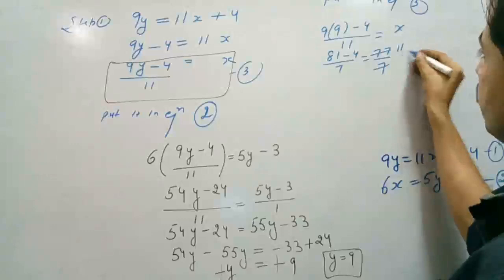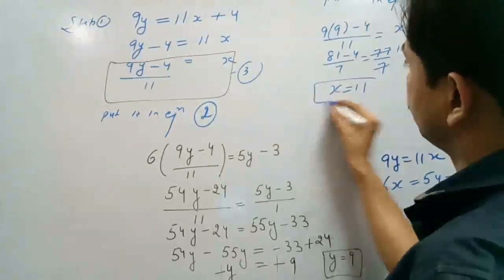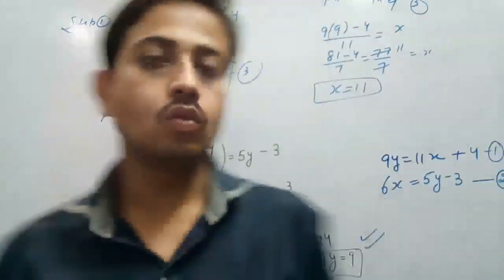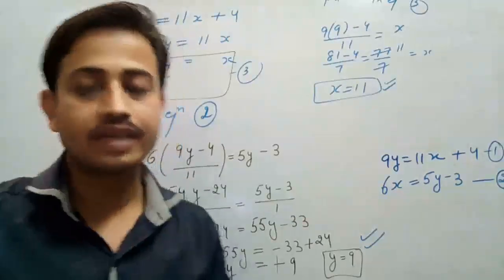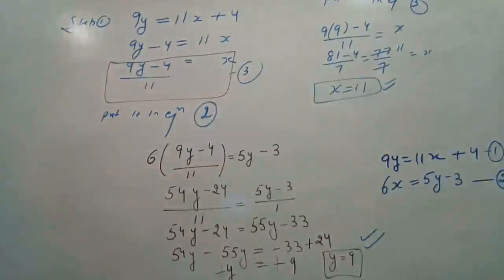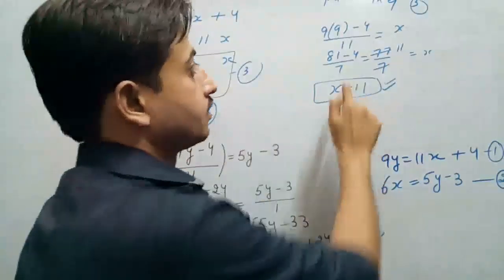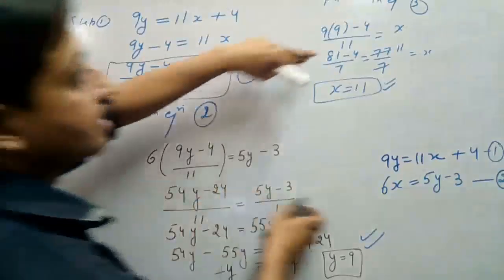So cut the 11, we get x is equal to 7. So y is equal to 9 and x is equal to 7. This is the solution. Please make a note. Just wait a minute. We did something wrong here. What did we do wrong? Because the division is 11.